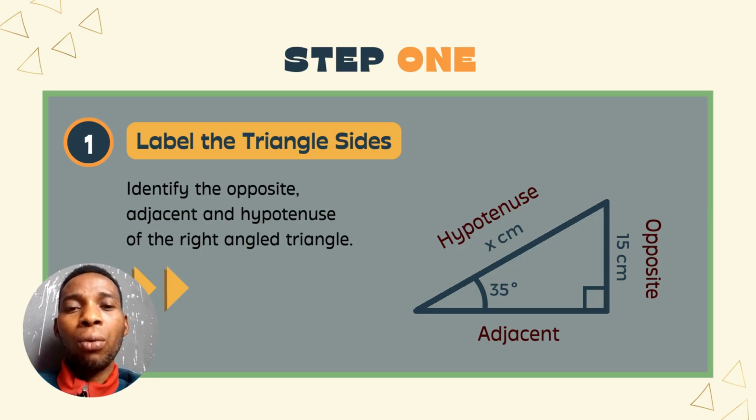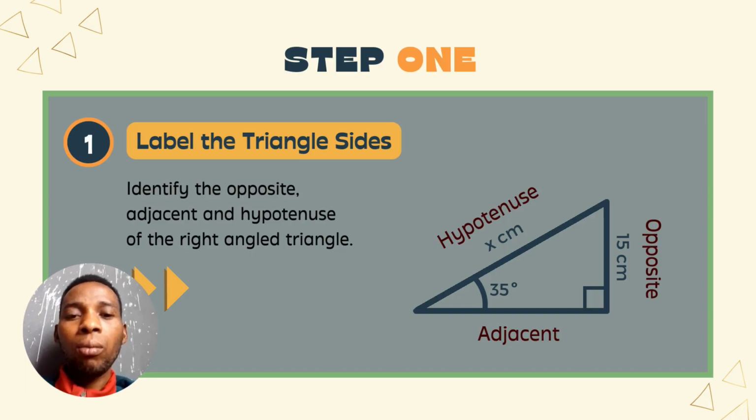And the other side will be the adjacent. I repeat again, the longest side is the hypotenuse. Anywhere the angle is facing is the opposite, and the third side is the adjacent. That is how to label the triangle sides.